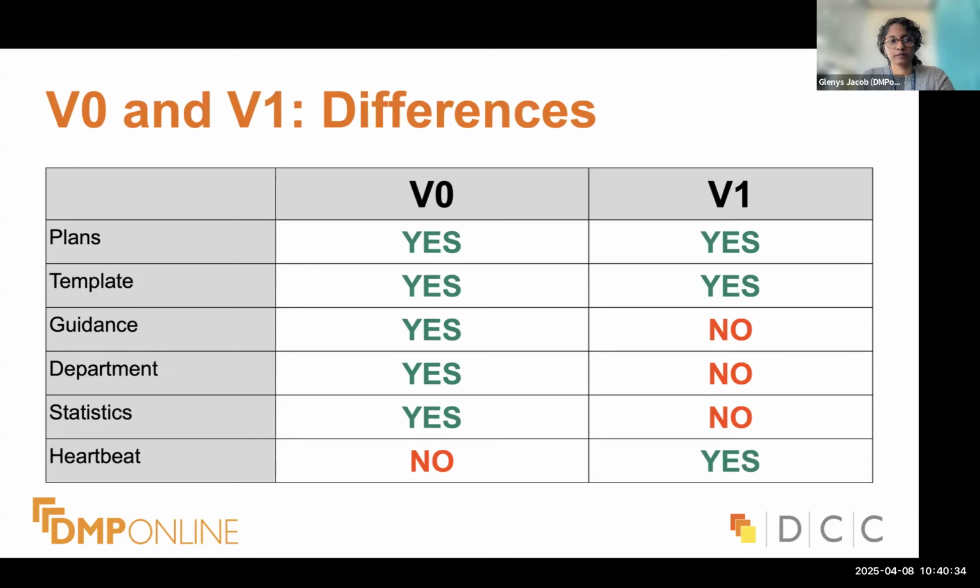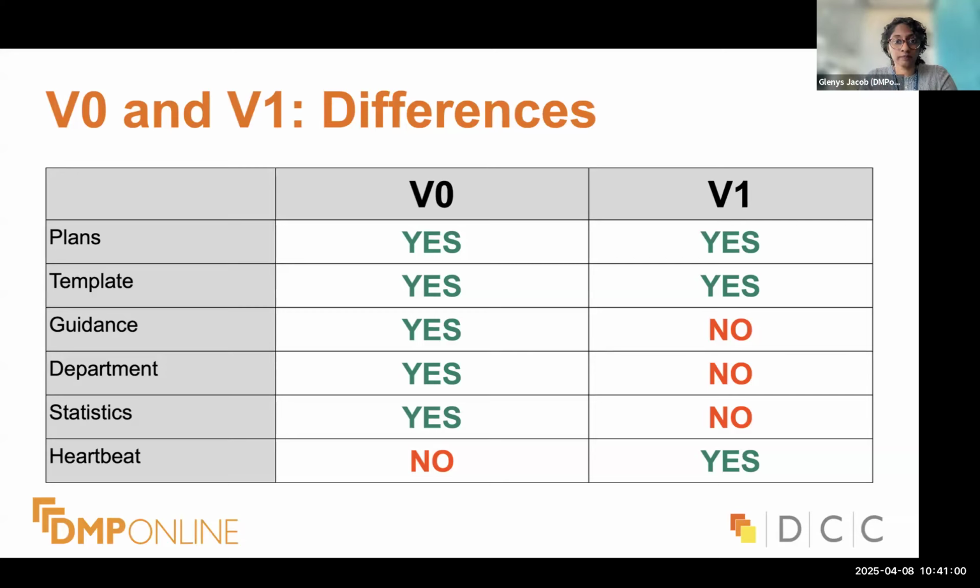You will have probably noticed that version 0 has more endpoints, and this is because the purpose of version 0 was to give the organizational administrators full access to the DMP. All of these endpoints allow access to every part of the DMP, so you will have the full text of the DMP when you use version 0.